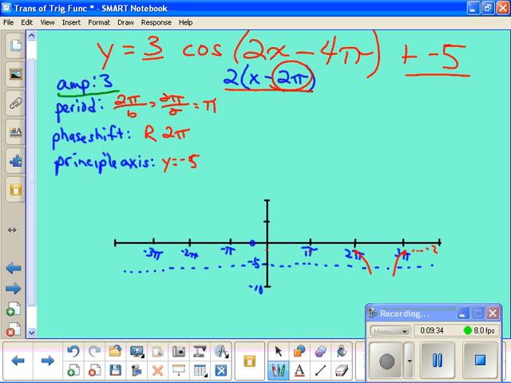If that's -10, -8 is about there. So that means it's going to be about there, and about there. So above and below this line. Okay, so the function is going to look more like that.